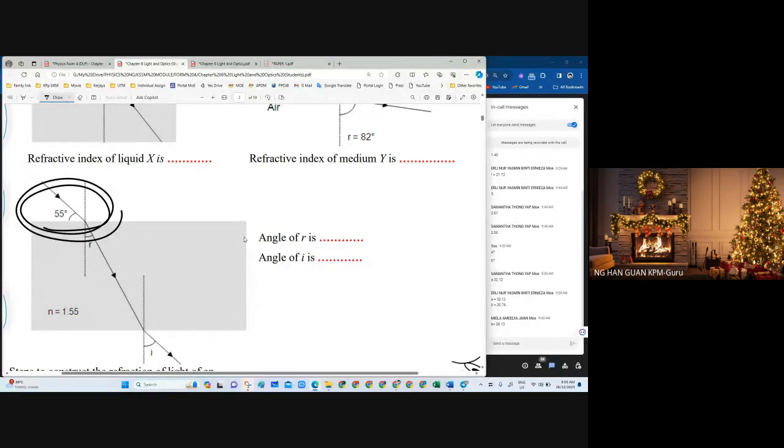So just be alert for these two common questions asked in SPM. Between two media, not including the air or vacuum, or it gives you an angle that is not the angle to the normal line, then it's a wrong angle. You cannot apply it in the formula. So just be alert about these two.